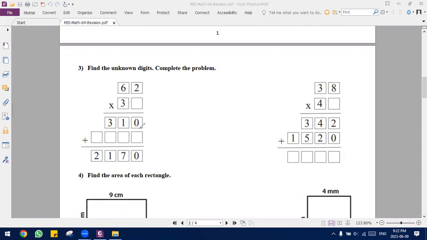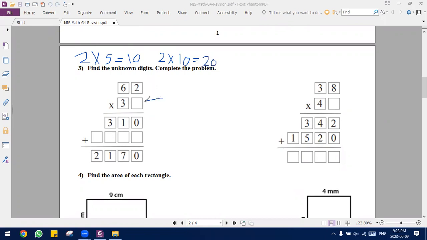For example, we have 2 times 5. We have 2 options. I have 2 times 5, which will give me 10. So that 0 might be that one here. And there's another option. I have 2 times 10, which is 20.